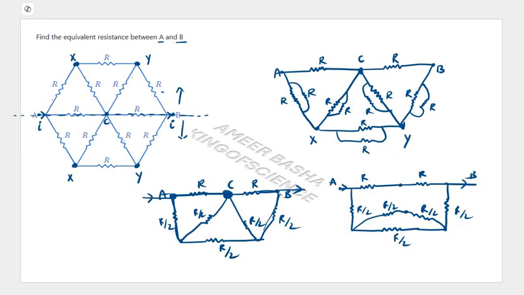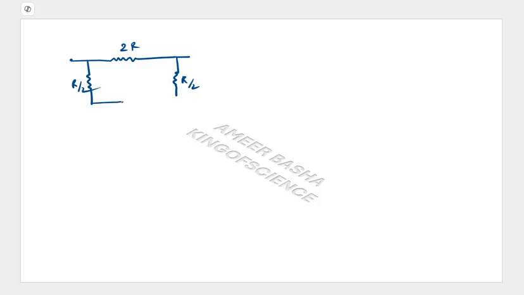When I redraw, the network will be as follows. This entire thing will be of 2R and this is R by 2 and of course this is also R by 2, and this comes out to be R by 2 and here it will be R. This R and R by 2 will be in parallel.